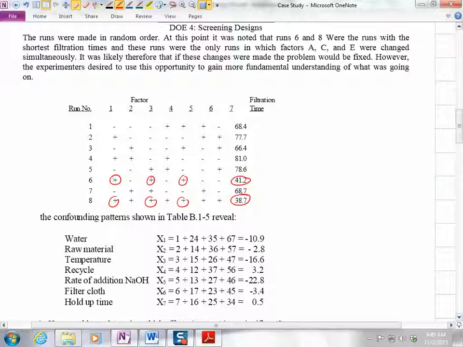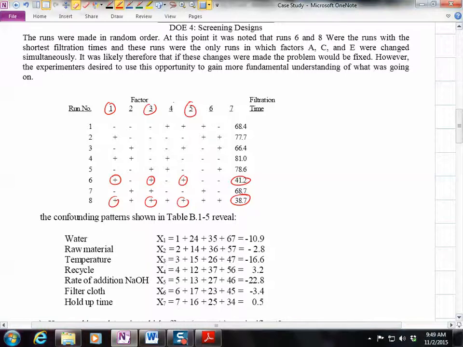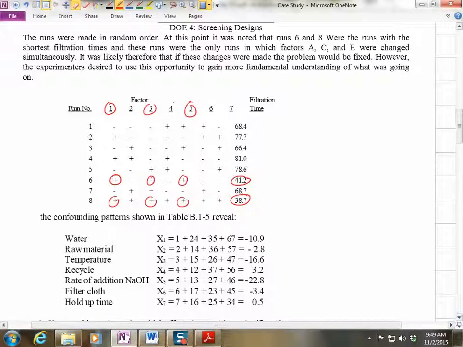Take these 3 factors, set them at their high values, and let's run the plant that way, and then just move on. Right? And probably at some point, if this plant is operational, they probably did that right away to try to see if the problem was fixed, or at least to get the throughput higher.